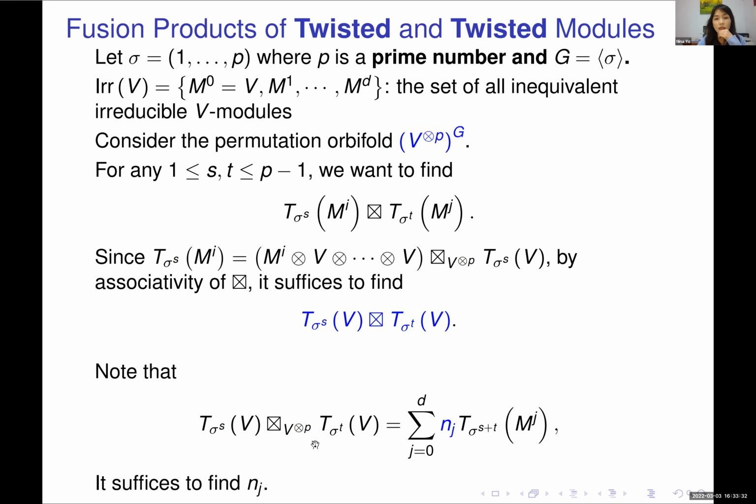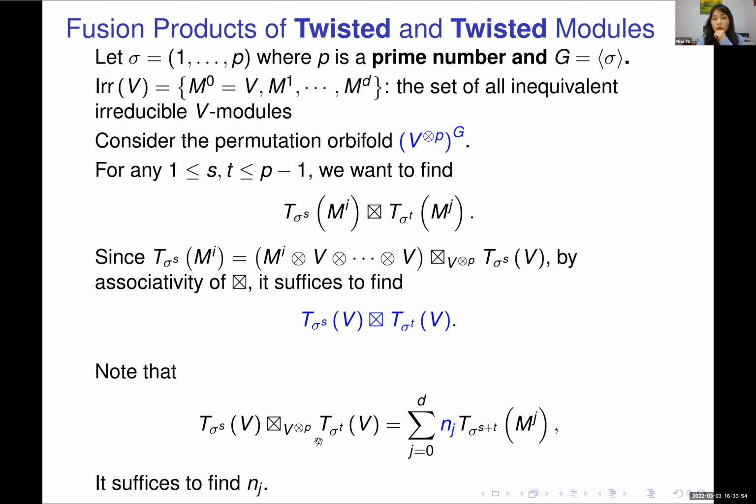And notice that if you consider the tensor product of a G-twisted module and an H-twisted module, if G and H are commuting, then the result should be a GH-twisted module. This is the general philosophy.